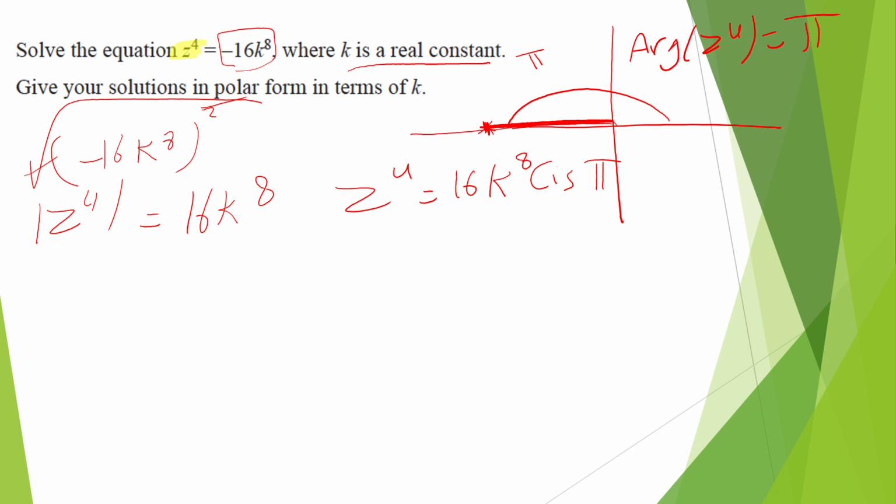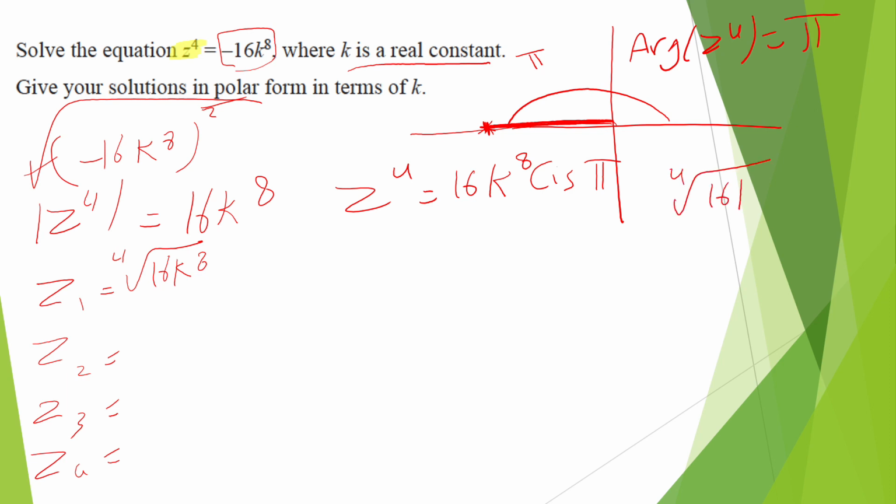Okay, so once you get that, then you will have to use the de Moivre theorem to find the solutions. Because we know there will be 4 different solutions, I would write z1, z2, z3, z4. Now for that first solution, it will be the 4th root of all of that. I will actually find the 4th root of 16k to the power of 8, which is the modulus, on the side.